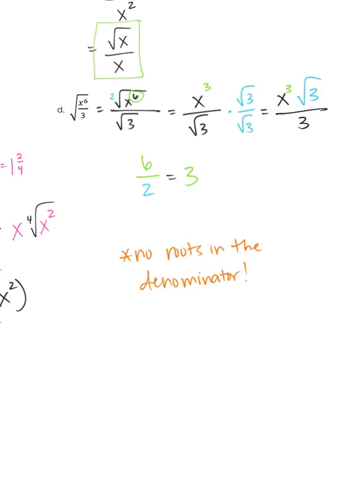But just for the sake of showing, the square root of 3 times the square root of 3 becomes the square root of 9. And we know that the square root of 9 is 3. So that's how that becomes 3 right there. So this right here would be my final answer.